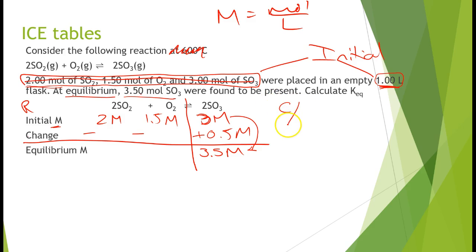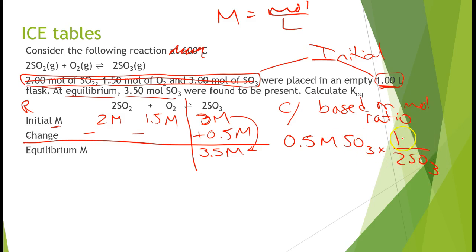So for the change, we need to do a little bit of stoichiometry, and change is based on the mole ratio. If I have 0.5 molarity SO3, 2 SO3s are created from 1 oxygen, and I got those numbers right here, mole ratios, right? So I divide that out and I find that the oxygen must have lost 0.25, because 0.5 divided by 2 is 0.25.